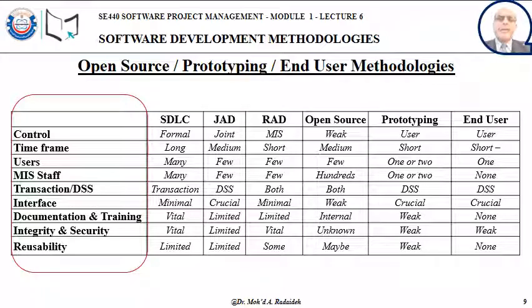The end user approach or methodology is based on the user functions. So let's say the admission and registration system. Who are the user categories? We have the students, we have the faculty, we have the administrative staff and the registration department. We have the director of the admission and registration department.